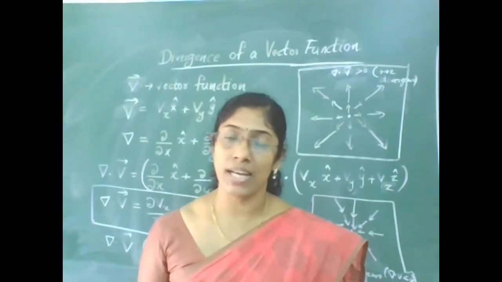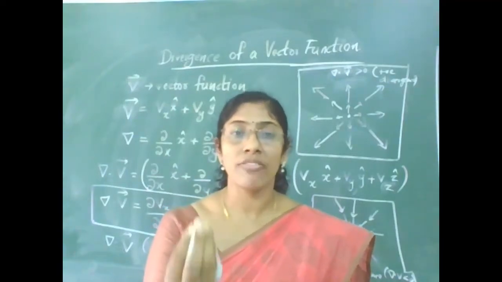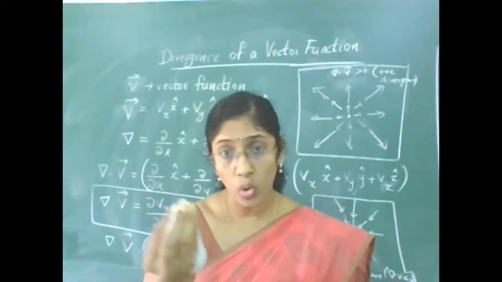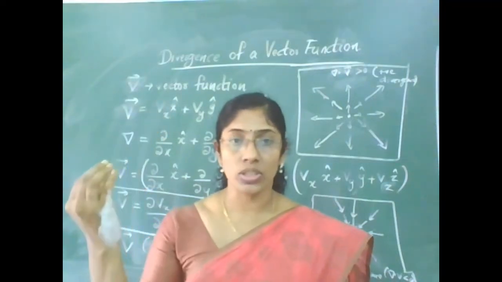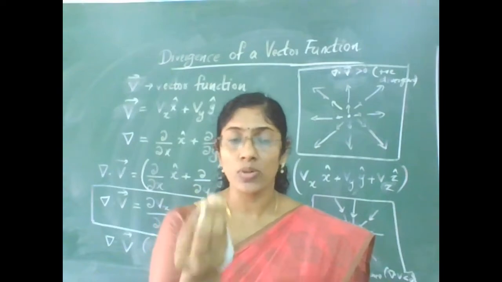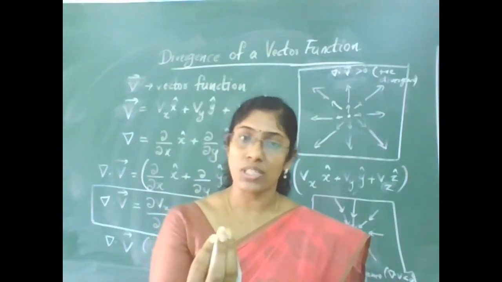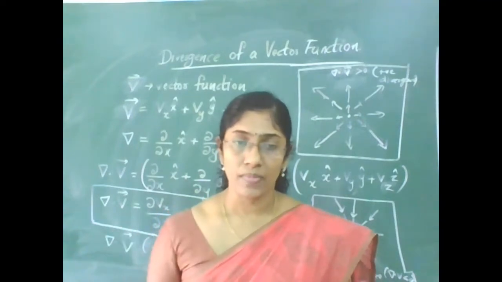A simple example is a positive charge. We know that the field lines of a positive charge are always going out. So, a positive electric charge is an example of a positive divergence field.